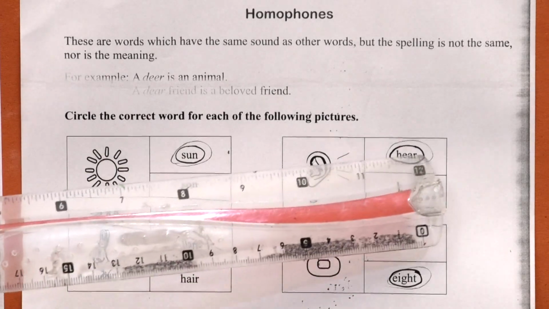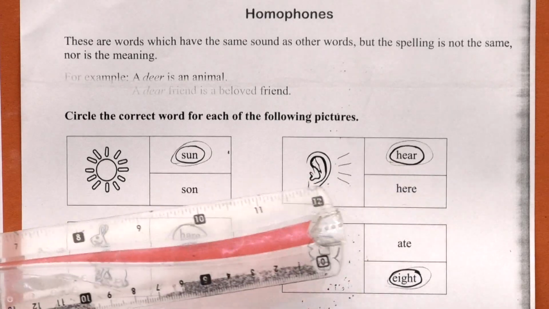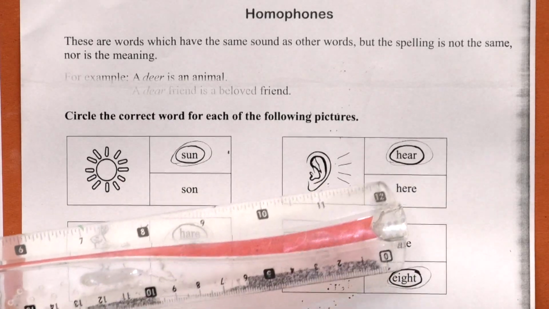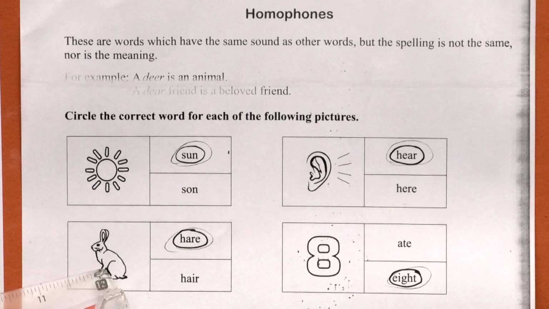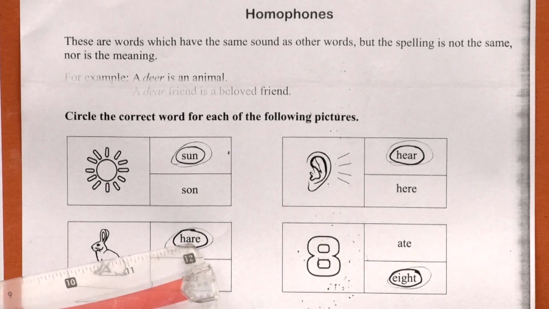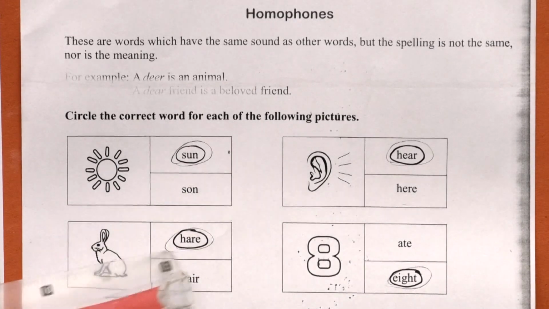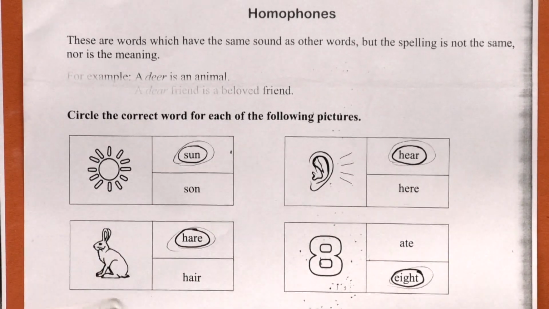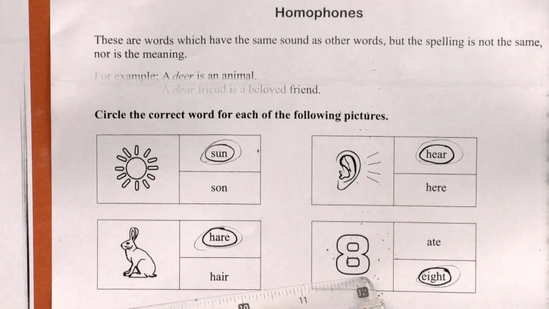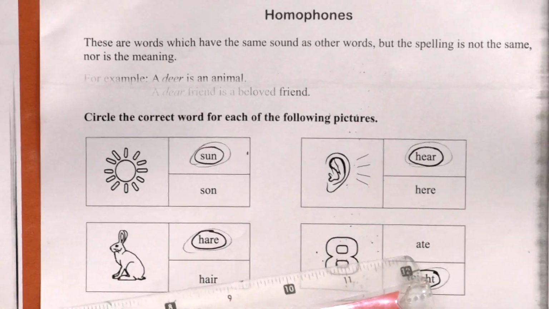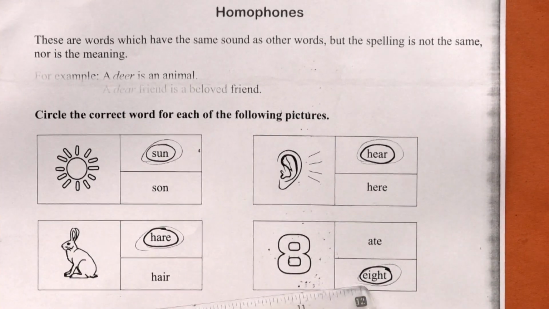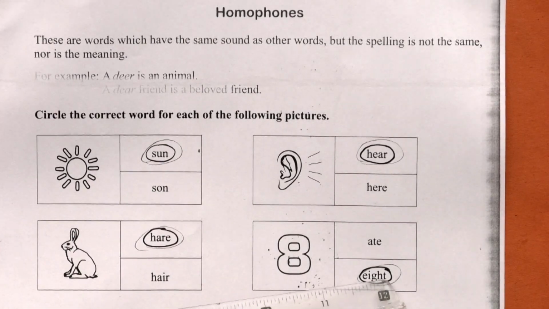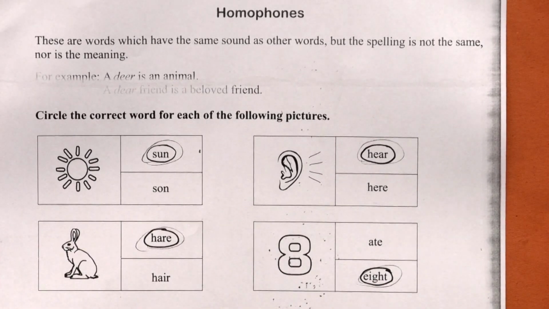Here, H-E-A-R, hear, means to listen to something. H-E-R-E, here, is the right spelling for the rabbit. And eight. This is eating, ate. This is E-I-G-H-T, eight, number 8.